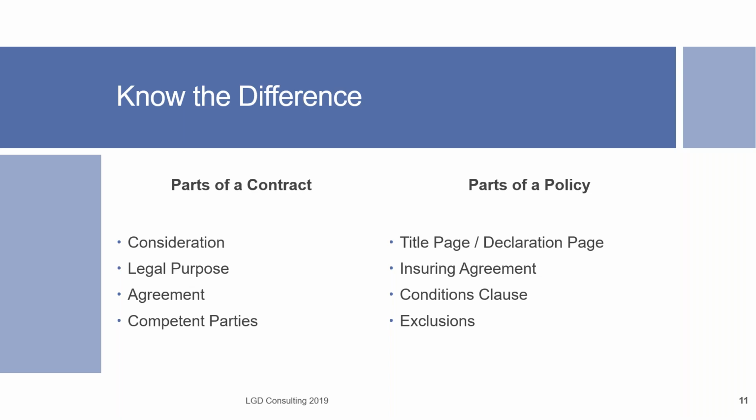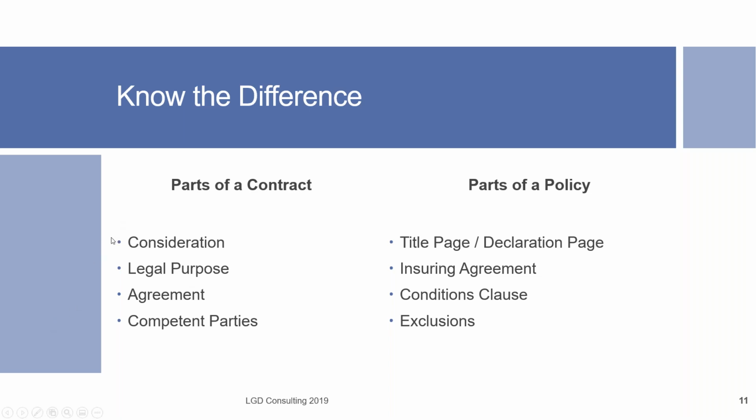This is kind of a summary. You got to know the difference, parts of a contract versus parts of a policy. Now, you notice that the conditions clause is in parts of a policy. We don't have a condition section in parts of a contract, so don't mix that up. Which is going to throw you, because when you take the test, it'll ask you a question like, all of the following are elements necessary for the formation of a valid contract, except.